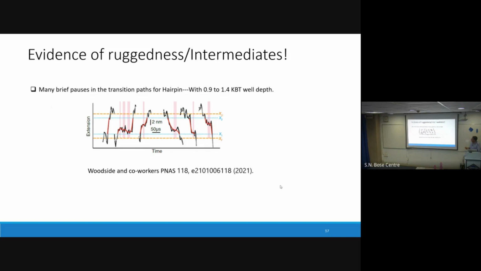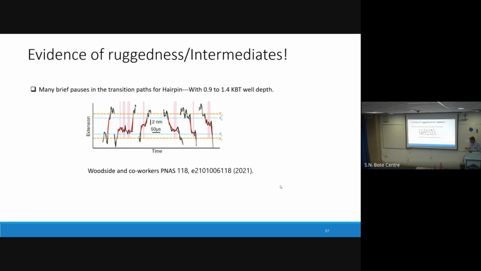And then one can see between x1 and x2, which is the transition region, there are some trajectories showing these pauses. Out of two trajectories they concluded that almost 50% of trajectories show pauses.